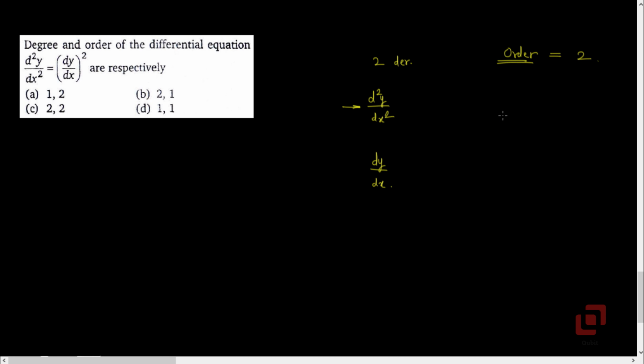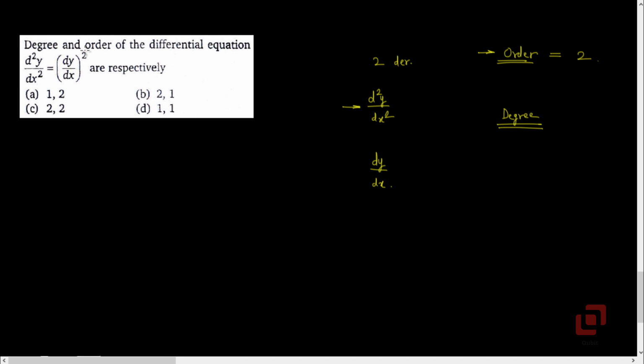Let's now talk about degree. By definition, degree of a differential equation is the power to which the highest ordered derivative is raised, provided none of the derivatives have fractional or negative powers. In this case, the power of the first derivative is 1 and that of the second derivative is 2.